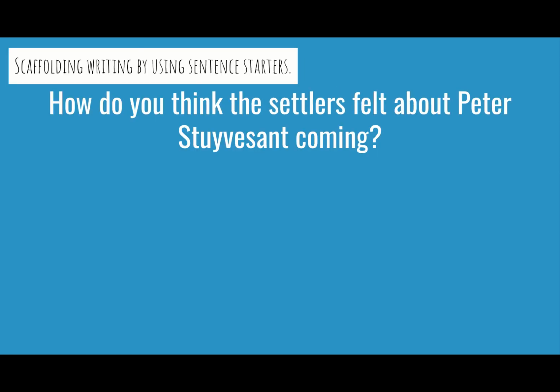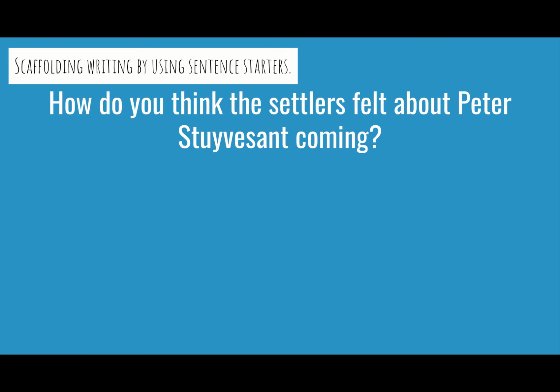Okay. So now that you've brainstormed your thinking, you've talked a lot about how a historian or a social scientist needs to go back as a detective and find evidence in the text, your students are ready to answer the question in writing.